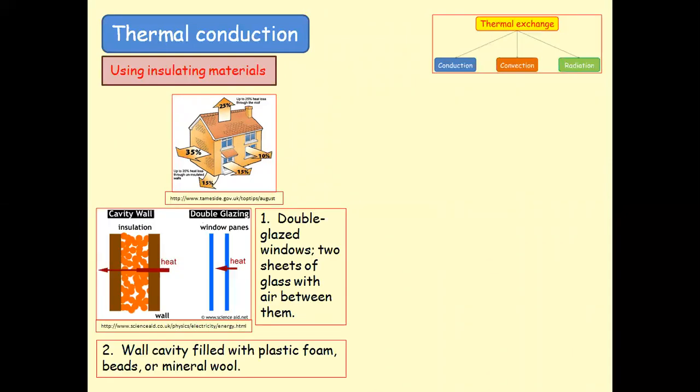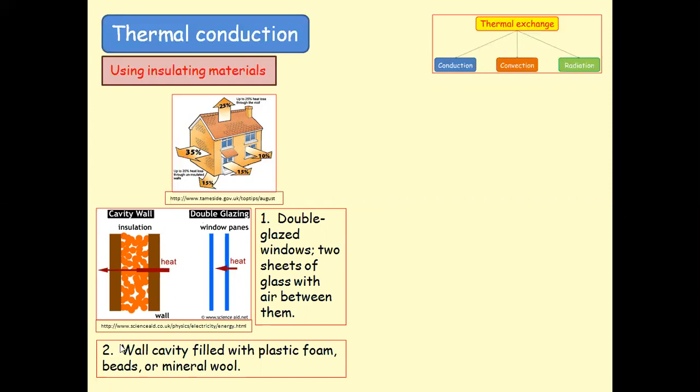Another application here is the double glazed windows. They are 2 sheets of glass, and in between them we have air. This will help to improve insulation and reduce conduction.